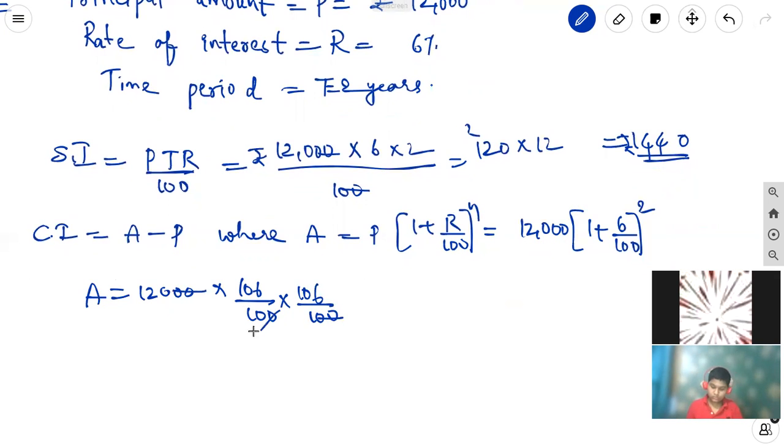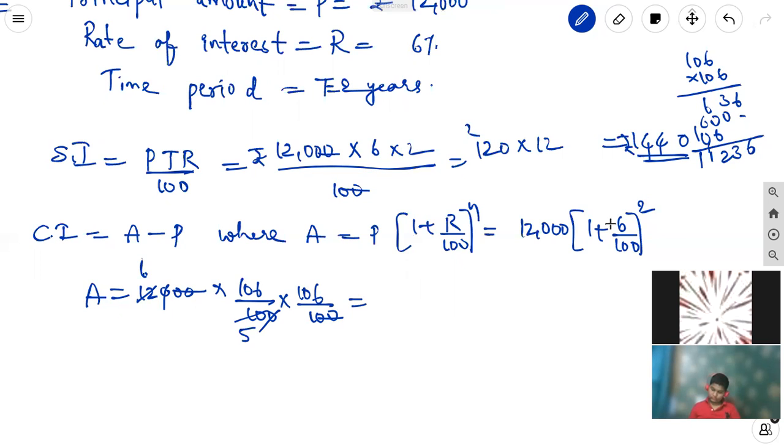2 zeros and 2 zeros cancel. It is equal to 106 into 106, which is 11,236. Then 11,236 into 6 is 67,416.